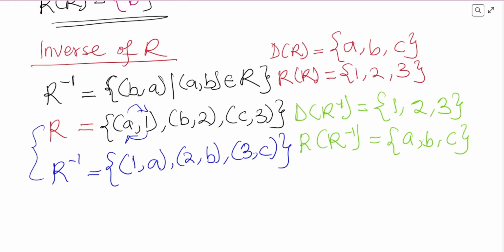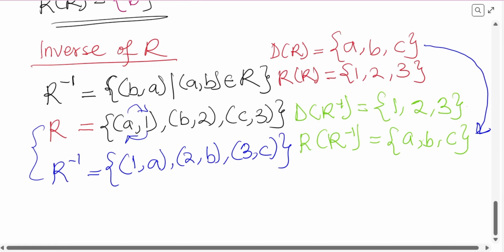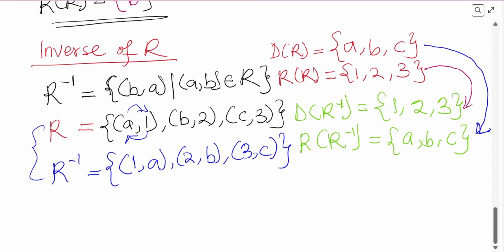And at this point, I hope you see where I'm trying to arrive at. You would observe that the domain of the relation and the range of its inverse are the same. And on the other hand, the range of the relation and the domain of its inverse are the same. This brings us to the conclusion that the domain of a relation R is equal to the range of its inverse.